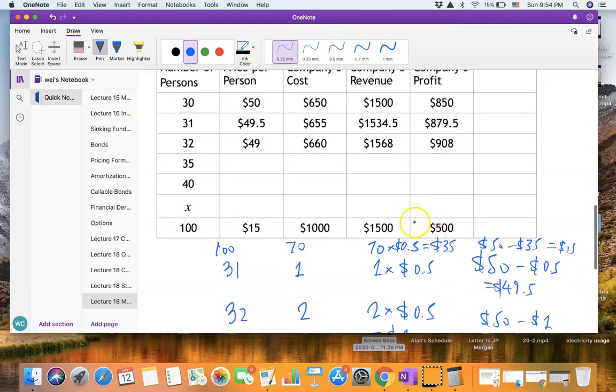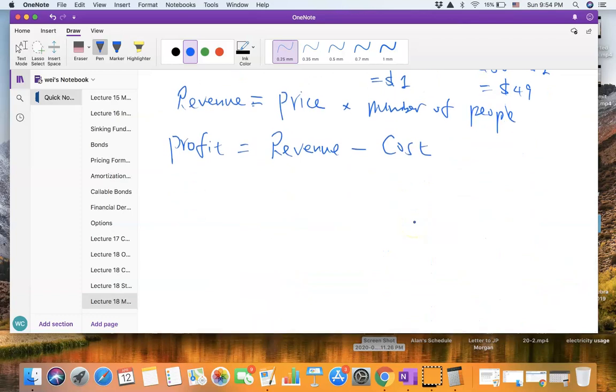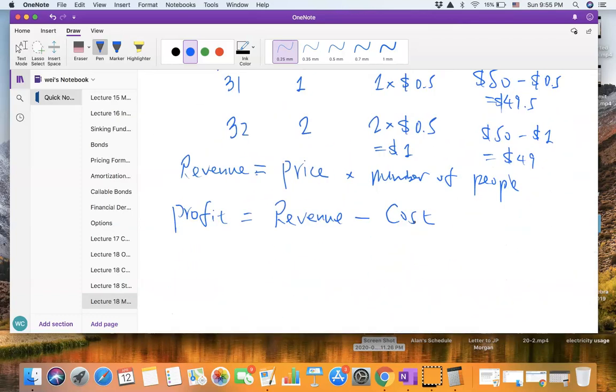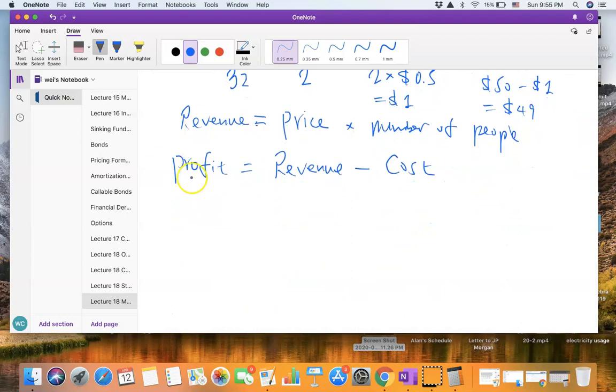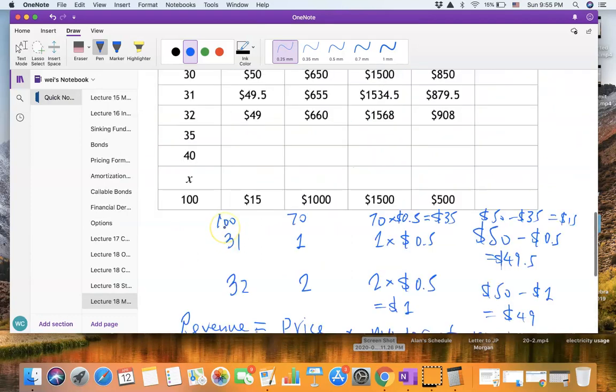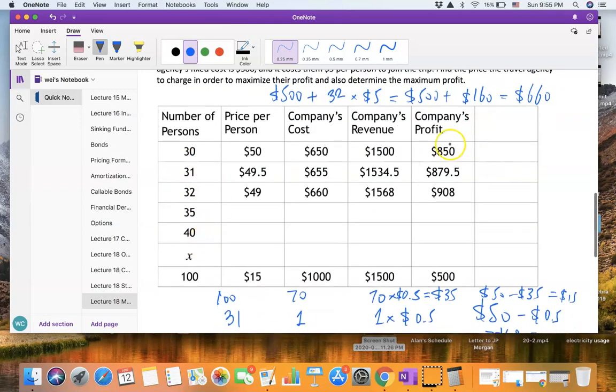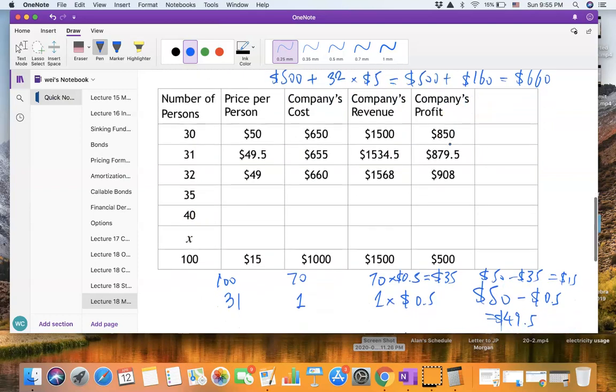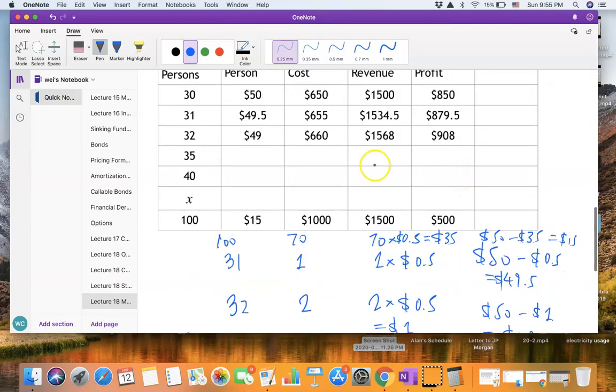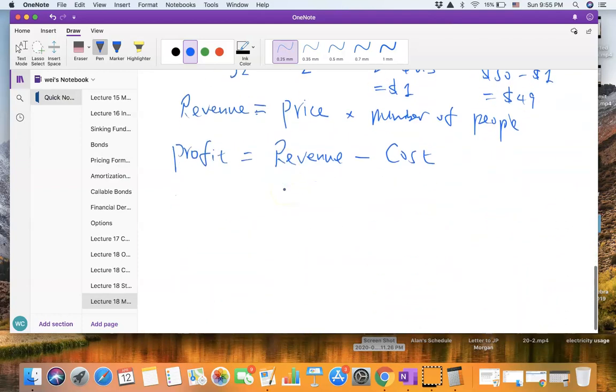So the profit at first, when the number of people is increasing, the company's profit is also increasing. However, after a certain point, it will start decreasing.